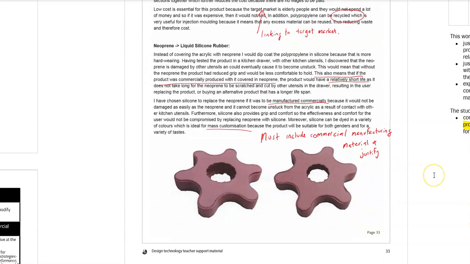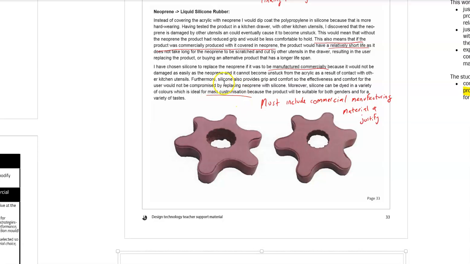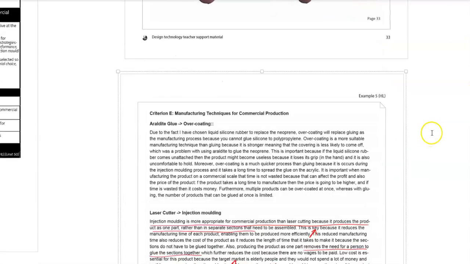And if we scroll through this example, there are lots of links back to how, if the product was commercially produced with polypropylene, it would be better. It can be manufactured commercially. Mass customization, referring to the type of manufacturing process that would be used.